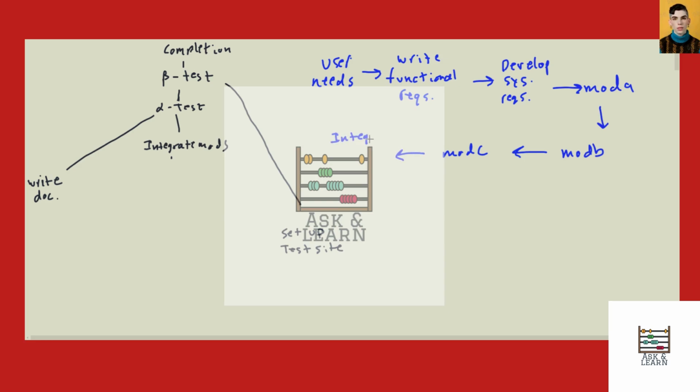Since you've already created them, might as well just go ahead and integrate them while you're at it. And then after this, I would go ahead and write the documentation on it, since it'll be fresh on your mind because you just finished all the modules and everything. We can go ahead and do an alpha test of it.